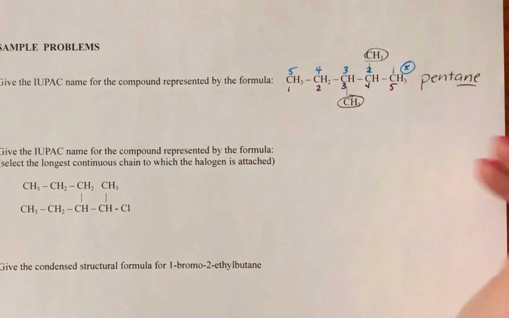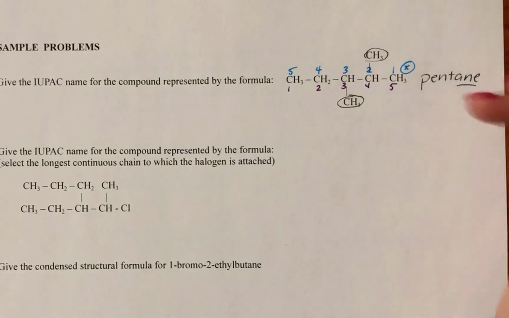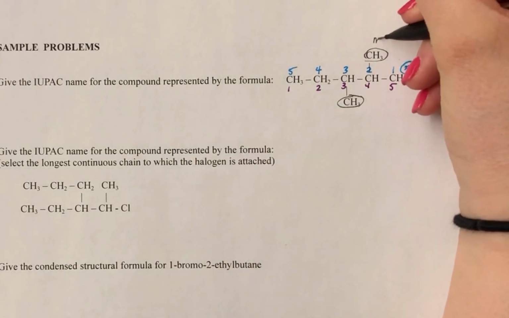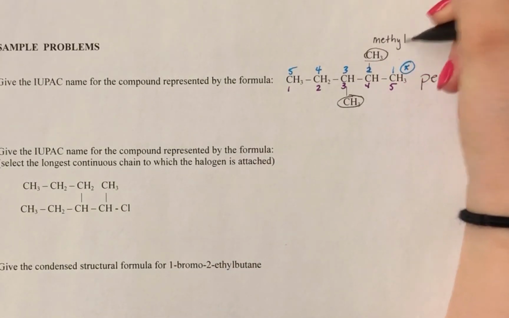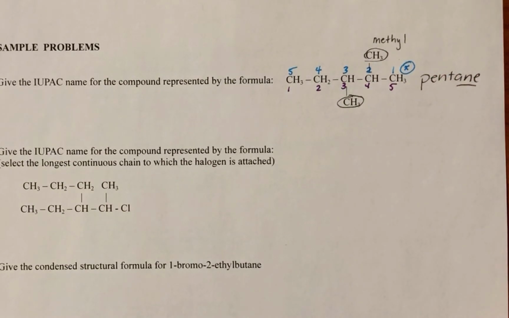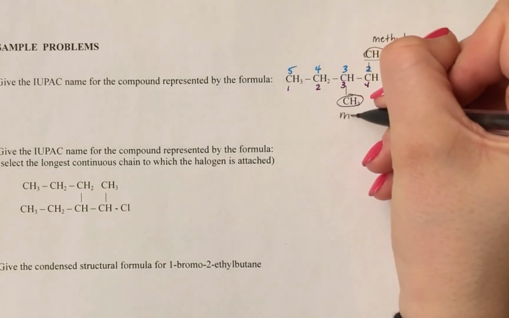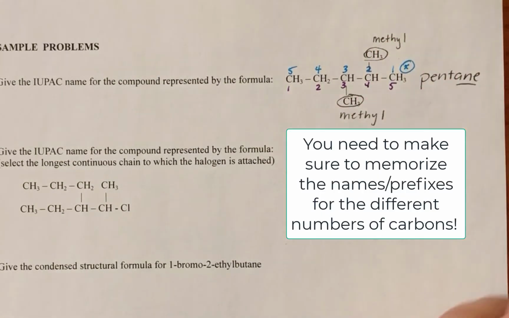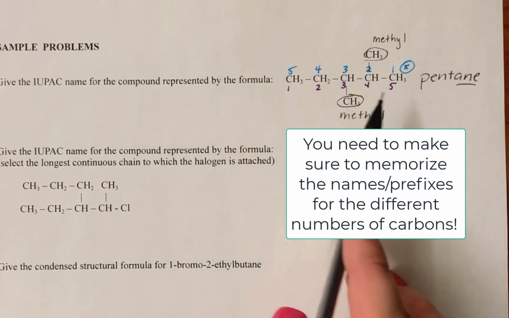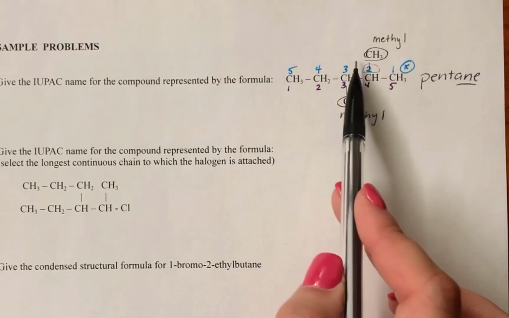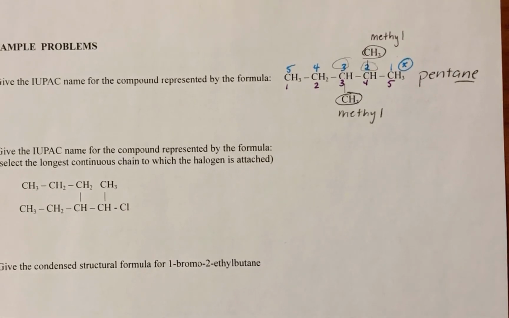If I number from right to left, I have a CH3 group and a CH3 group. Remember, 1 carbon as a substituent is a methyl group. Again, on the 3rd carbon, this is a methyl group. So when I number this, I'm looking at carbon 2 and carbon 3.